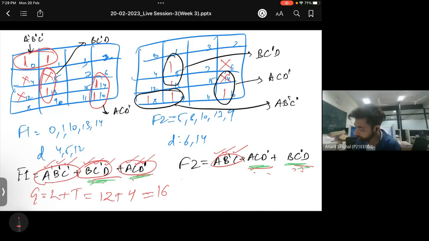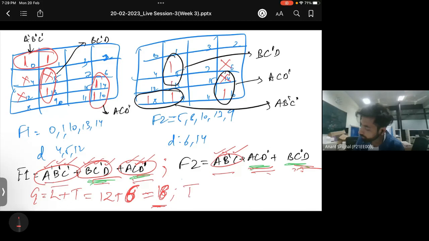Sorry, we need to count all the terms, not just the literals. We don't need to count the common literals twice, but for terms we need to count each and every term since it is a different function. So these will be 6. Sorry, I'm repeating. So the gate cost will be 18. For the number of terms, we need to count every term that we are getting, even if it is common.